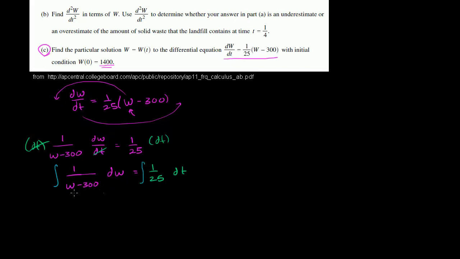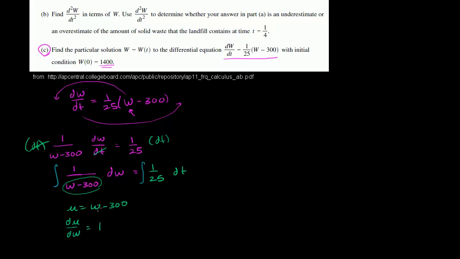And here you might be able to do this in your head, or we could do the formal u substitution just to make it clear what we're doing. If you said u is equal to w minus 300, then what is du? If you take the derivative of u with respect to w, du with respect to w is equal to what? It is equal to 1.